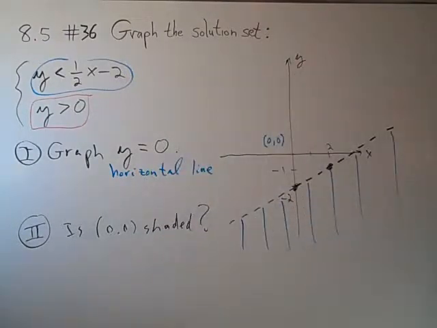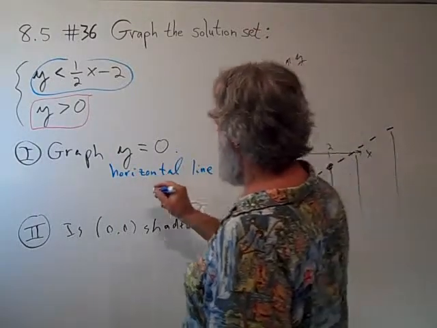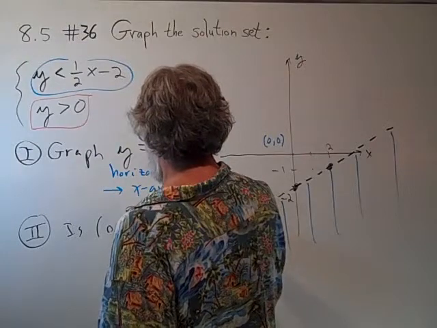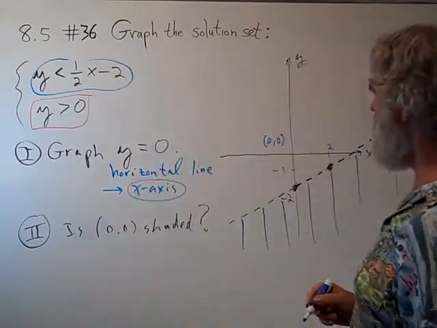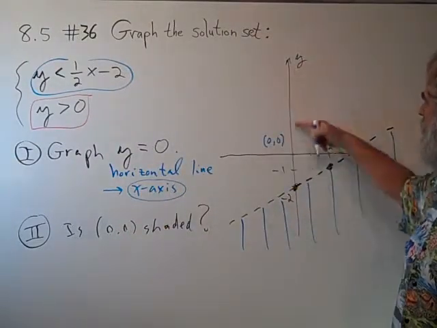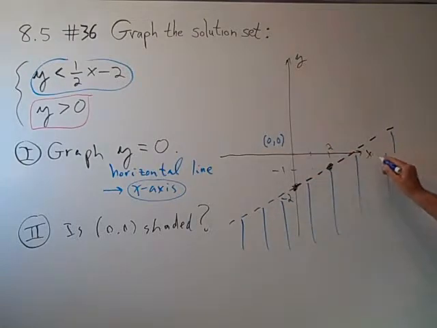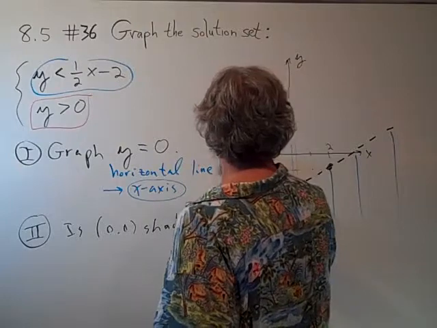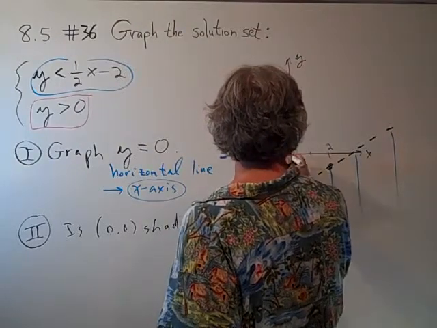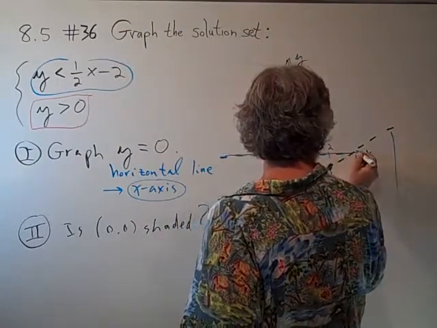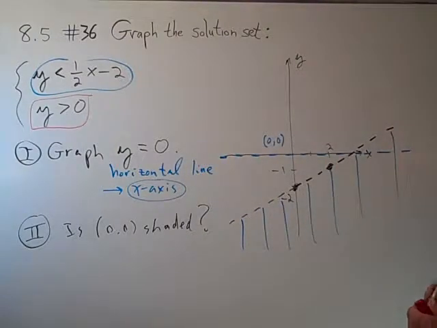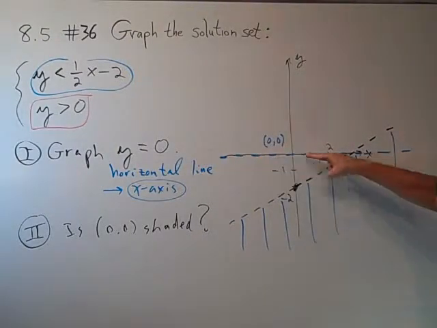In fact, it's the equation of the x-axis. It is the x-axis where y is 0. This time we have a dashed line, so I'll put a dashed line along the x-axis. So that's the line y equals 0.